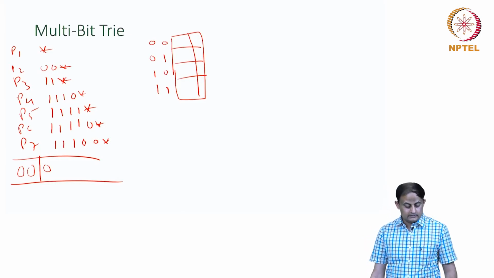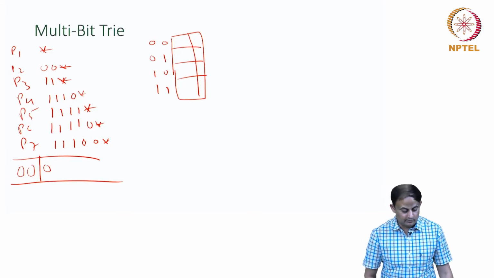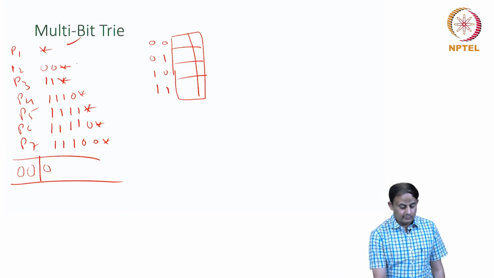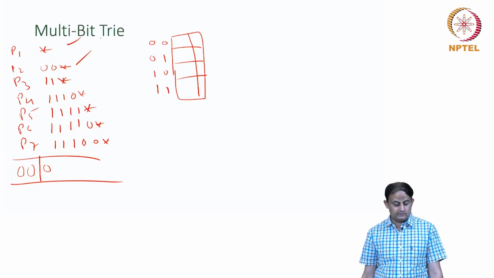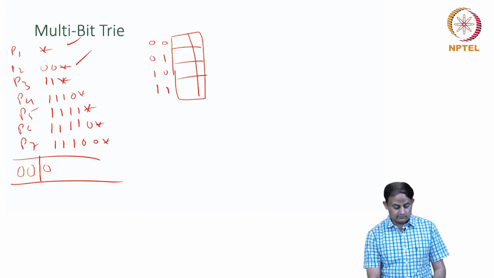For 0 0, there is P2, which is saying 0 0 star. P1 is also matched, since star is anyway going to match. P2 is going to match because it is starting with 0 0 star, and P3 is not matched because it is starting with 1 1 star. So, that is not a case.